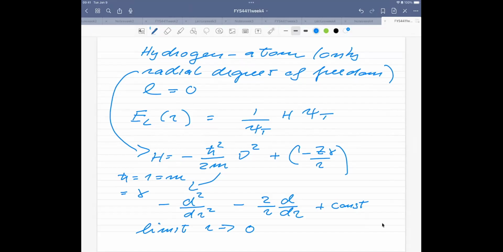Do you see this limit here? Because we have a 1 over r here, which diverges. And then we have a 1 over r in the interaction, which diverges. So clearly, if you're going to simulate this equation here, you're going to run into problems. Unless there is an escape route here.